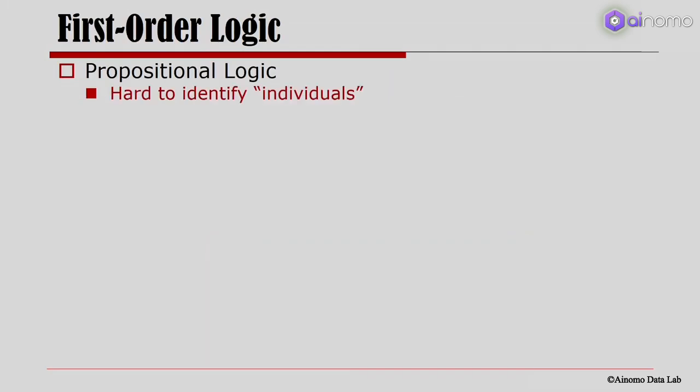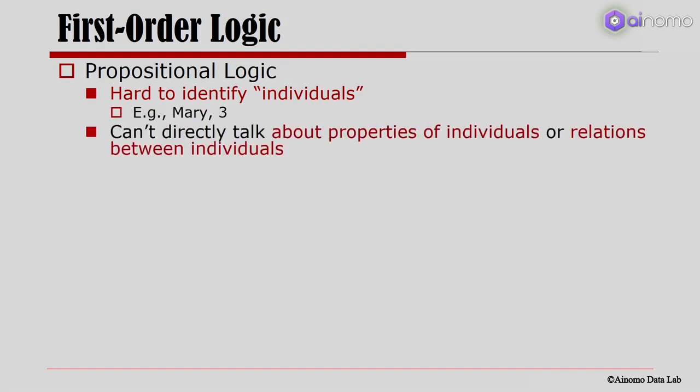So propositional logic is a weak language. It's hard to identify individuals, so we cannot talk of things like Mary or the number 3. We can't talk of properties of individuals directly, or even relationships between them.